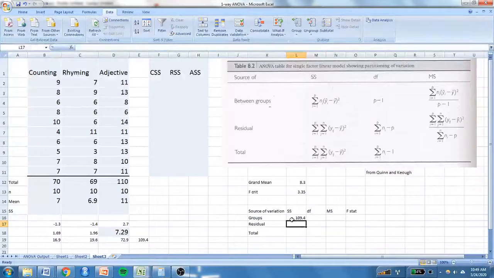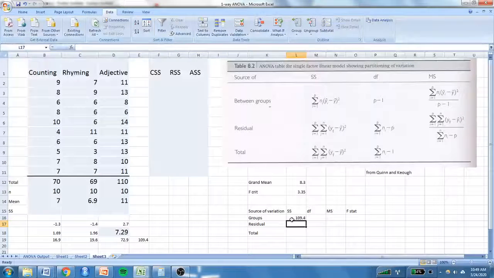So I'm going to show you how to do residual sum of squares. If you want to, you could go ahead and just do the total, where you take every individual observation and subtract it from the group mean and square that and then add them all together. You're welcome to do that. But I'm going to show you this because the video I posted is what he did, and I think it's a good idea to see the same things over and over again.